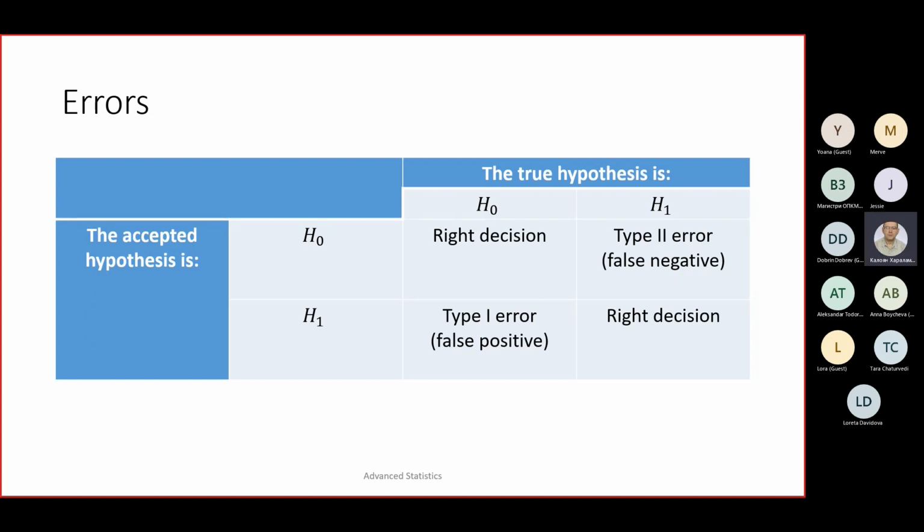And the alternative hypothesis is that this medicine is effective. This medicine cures the disease. So again, please define type 1 error and type 2 error, and tell me which of them is more dangerous.